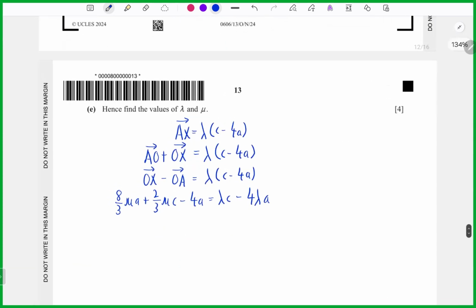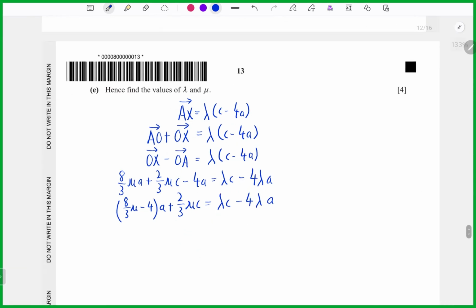Bracket (8 over 3 mu minus 4) a plus 2 over 3 mu c equals lambda c minus 4 lambda a.